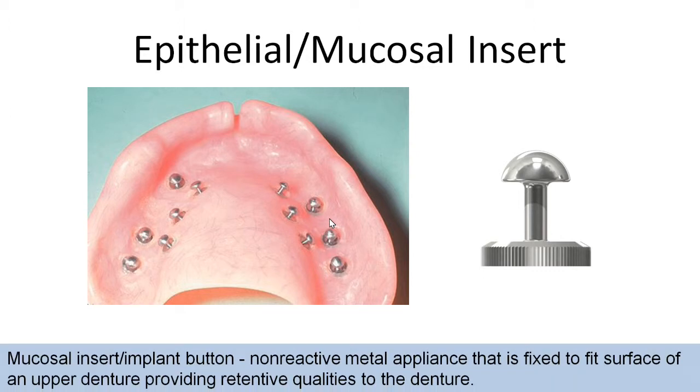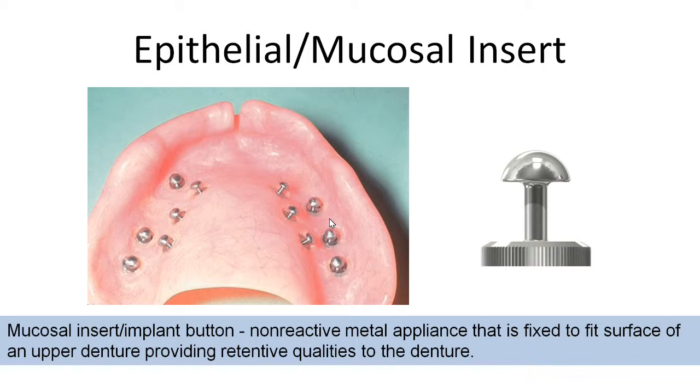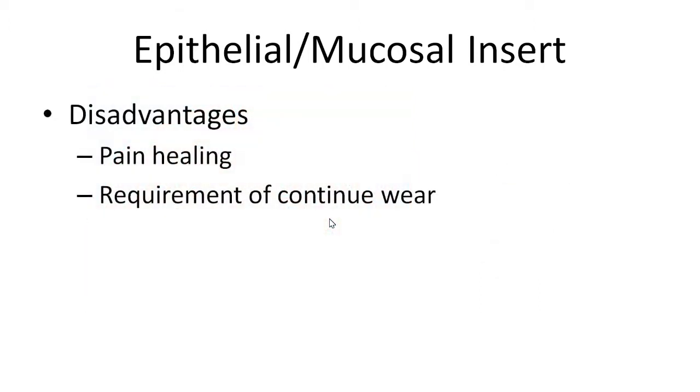Now, the way in which these metal fixtures work to provide retention for your denture is that a small drill hole is made into the soft tissue. The patient has to wear the denture almost continuously, and these mushrooms engage the soft tissue rather like a button engages a vest, or a snap stud engages something.